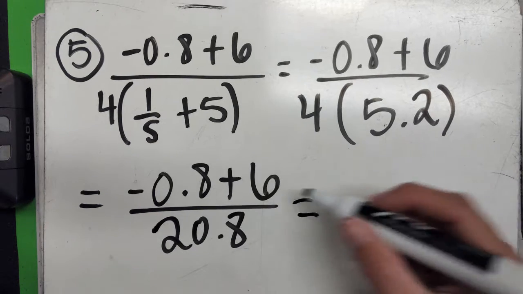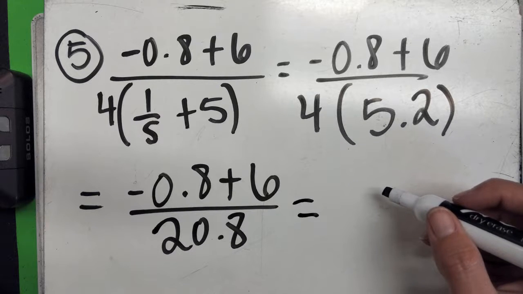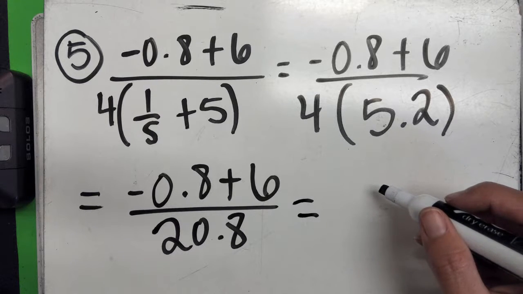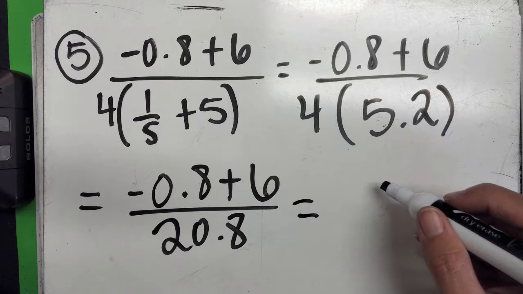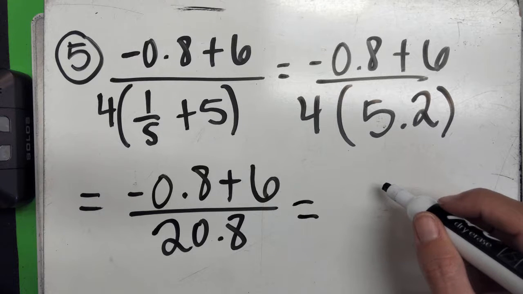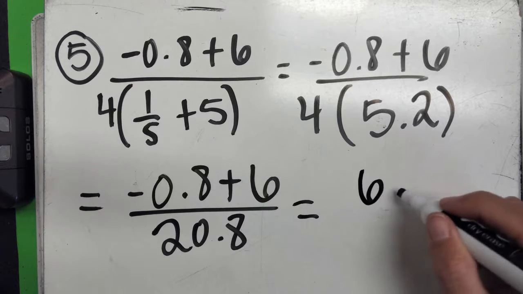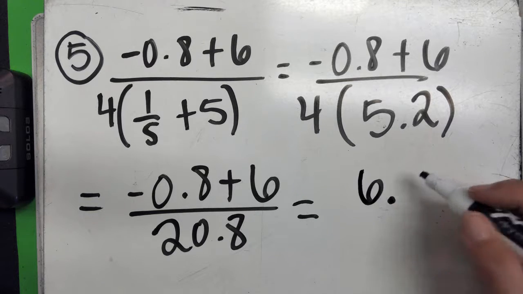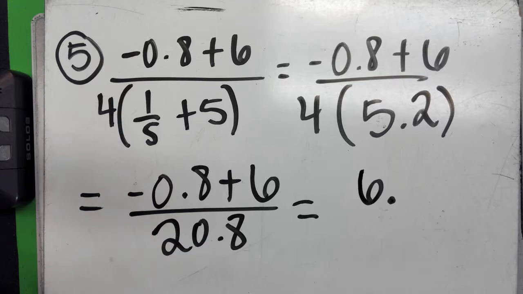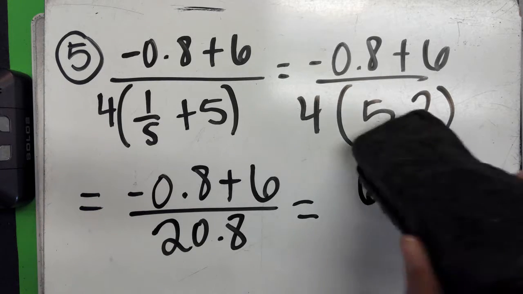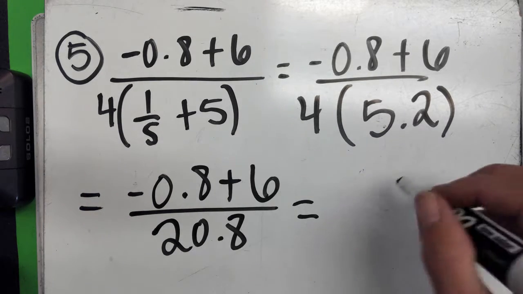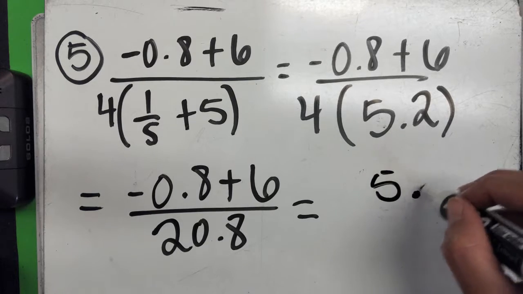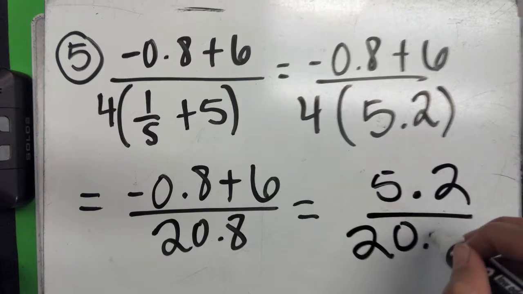You add 0.8 to 6. And you get what? 6.8. Everybody agree? I think you forgot to do negative 0.8. Try it again. Very good. Alright, now tell me, everybody, what the final answer is.